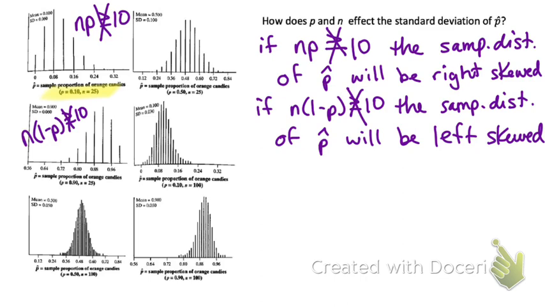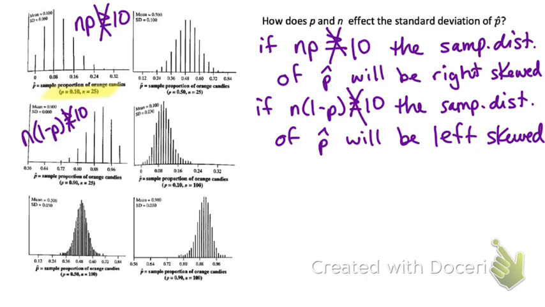Now, the rest of these. This one is really close. The middle right and bottom right are kind of close to being skewed, but it's 0.1 times 100, which is exactly 10. So that's where it's close.